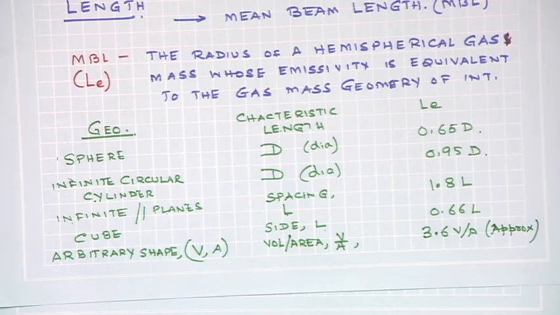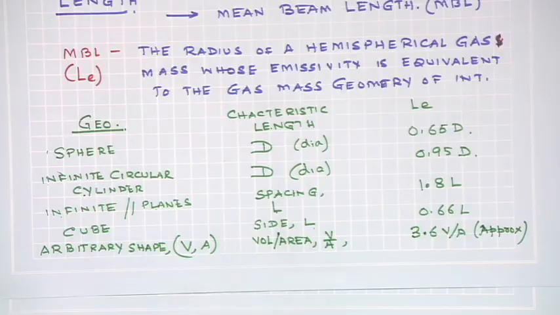So, the mean beam length, as is shown here, if you look at the table once again, the concept of mean beam length is the radius of a hemispherical gas mass whose emissivity is equivalent to the gas mass of geometry that we have with us.